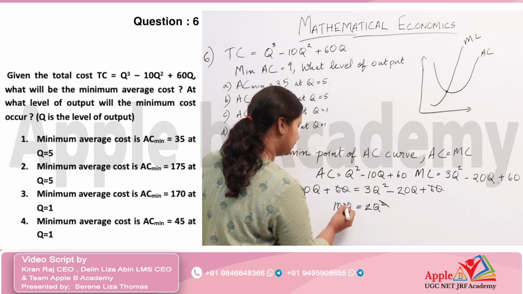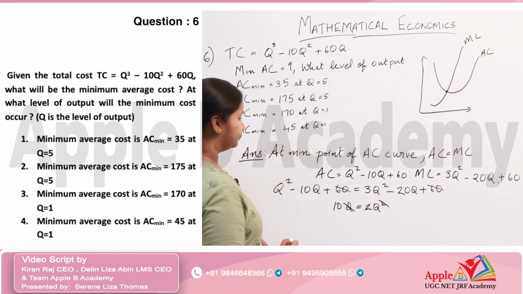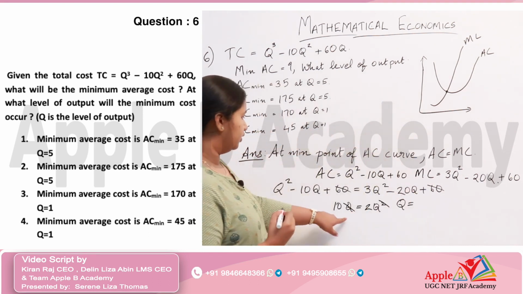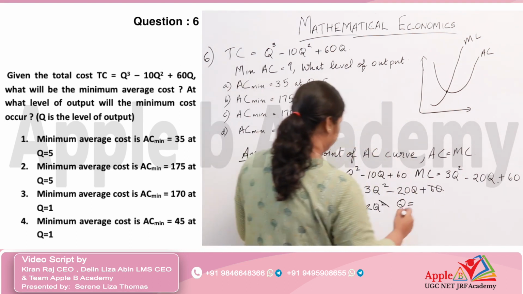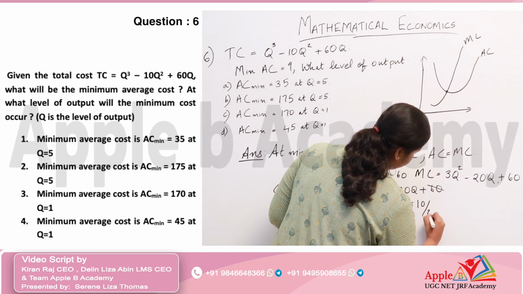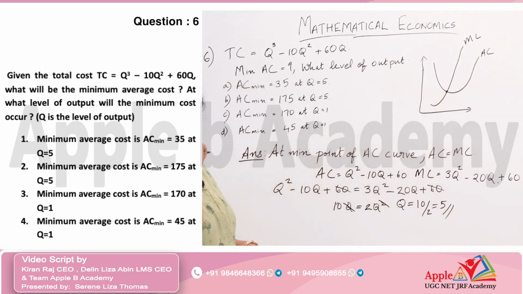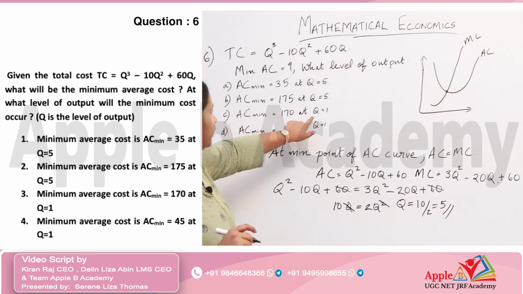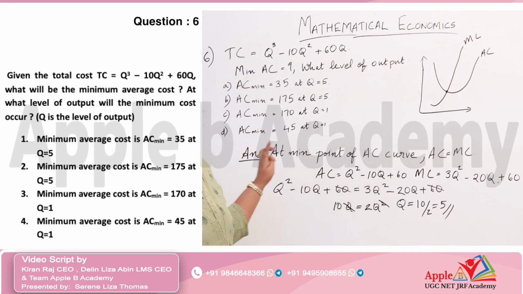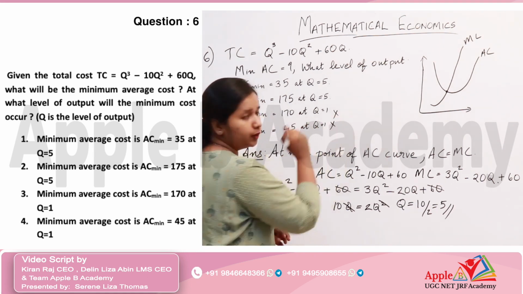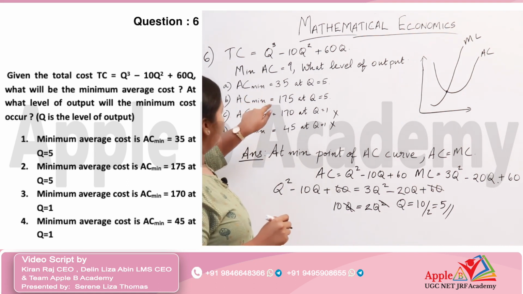Cancelling this q, we get q equal to 10 by 2, which is 5. So q equal to 5. Now look at these options: q equal to 1 in both C and D, so clearly we can rule out options C and D. Now we have a confusion between options A and B.